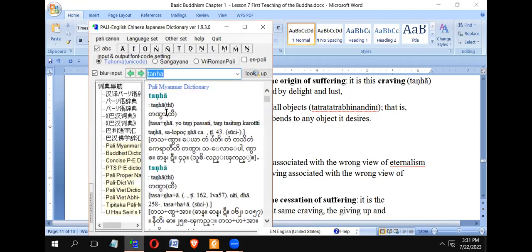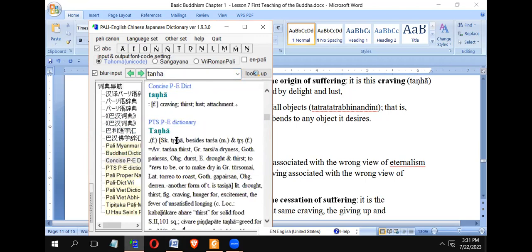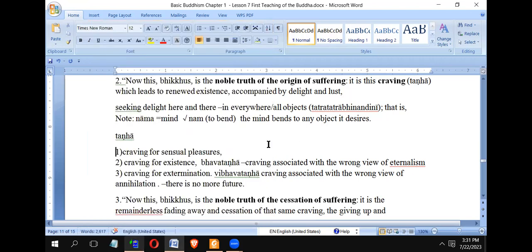When you look at Sanskrit, you're amazed, it looks exactly like English words. Trishna sounds like thirst. We call it thirst for desire, thirst for objects, or thirst for whatever.